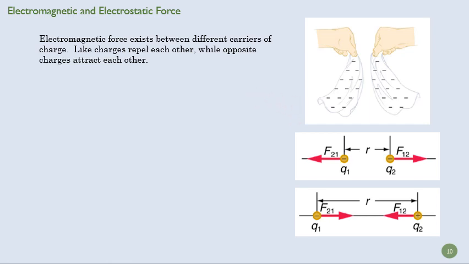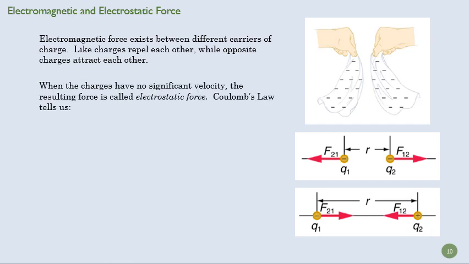They were accelerating. So we know there has to be some kind of force there that is moving those charges. And that's the electromagnetic force. It pulls together unlike charges and pushes apart like charges. So down here, if we have two negative charges, they're going to tend to be repulsed from each other. If we have a positive and a negative charge, they're going to be pulled towards each other.